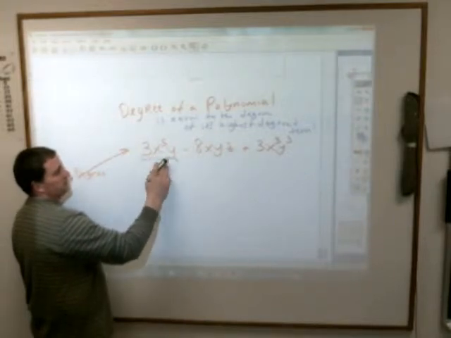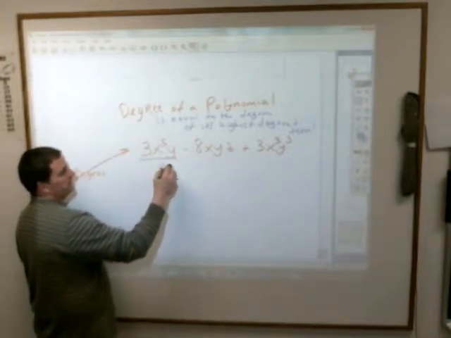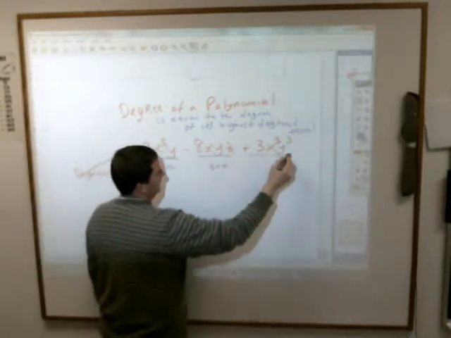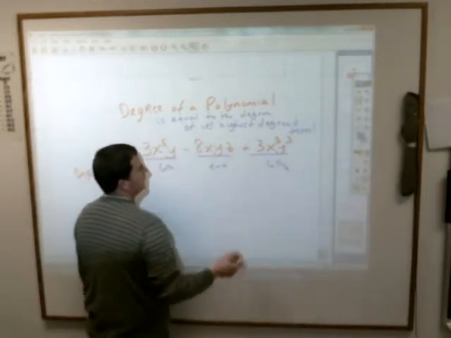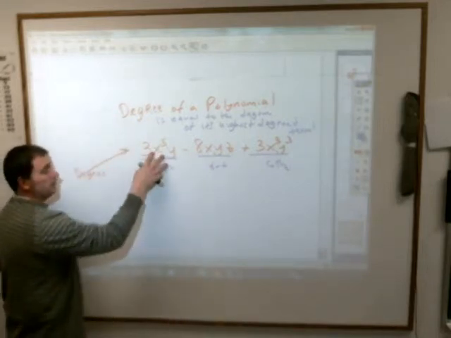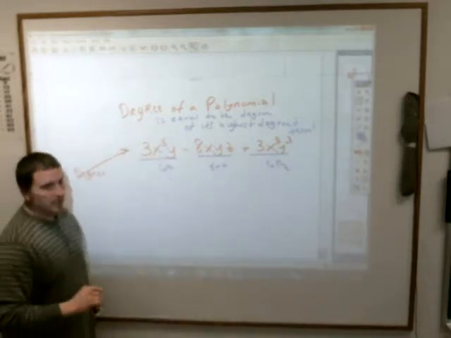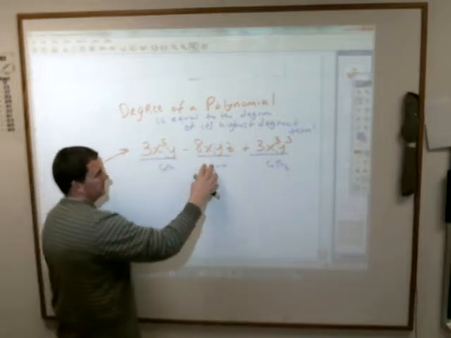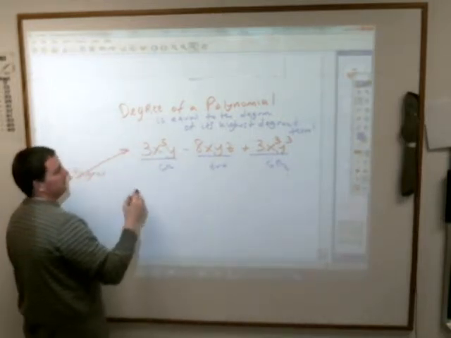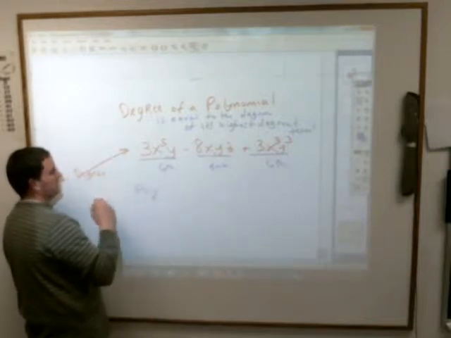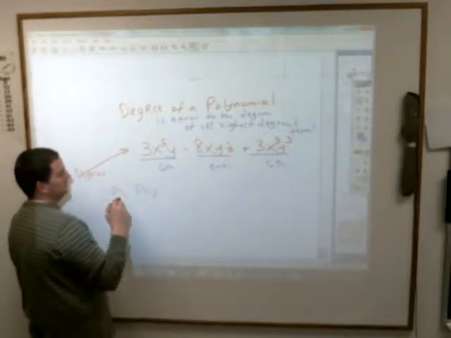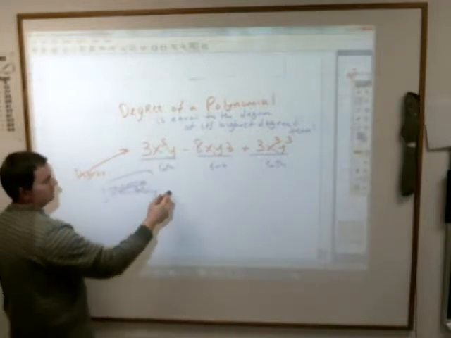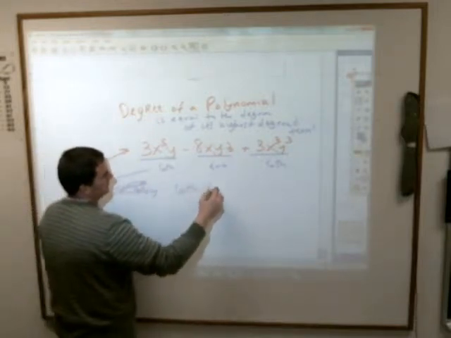What's the degree of this first term? 6, right? Degree of this term? Third degree. Degree of this term? The degree of this polynomial is the same as the degree of the highest degree term. In other words, what's the highest of these? 6. So that's the degree of the polynomial. This is a 6th degree polynomial.